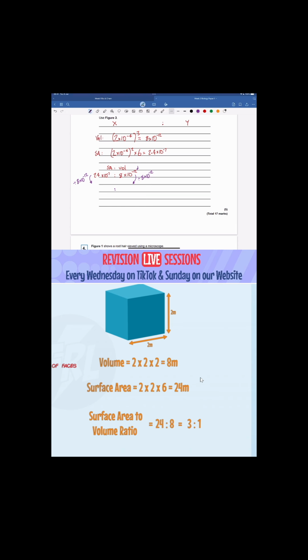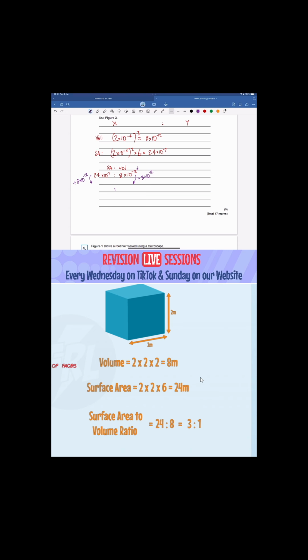Okay, so let me repeat that. If you've got a ratio you want to simplify, you want to divide by the smallest number out of the two numbers. It's not always surface area, it's not always volume, it depends whichever one's smaller. What topic is this? This comes under diffusion. So, what do you get? For this side, it's going to be 8 times 10 to the minus 12 divided by 8 times 10 to the minus 12.